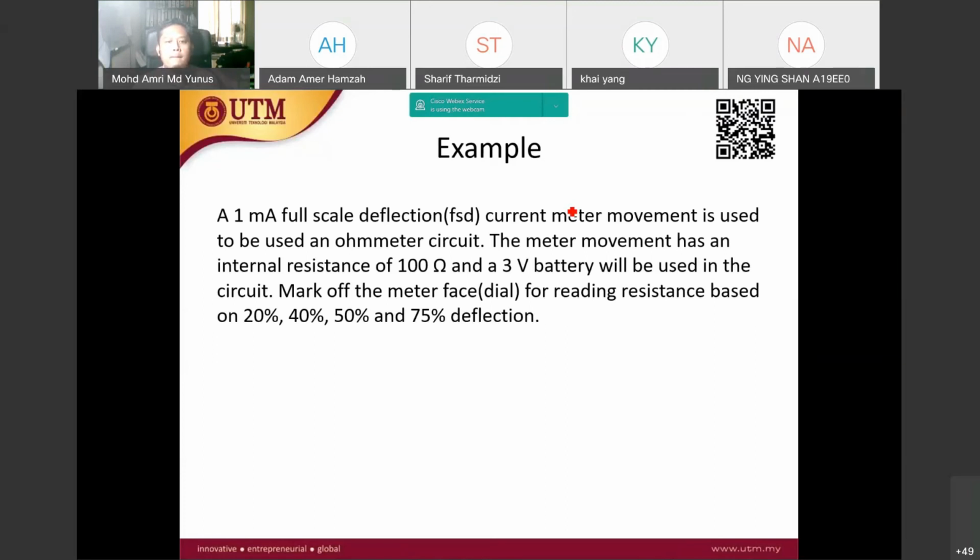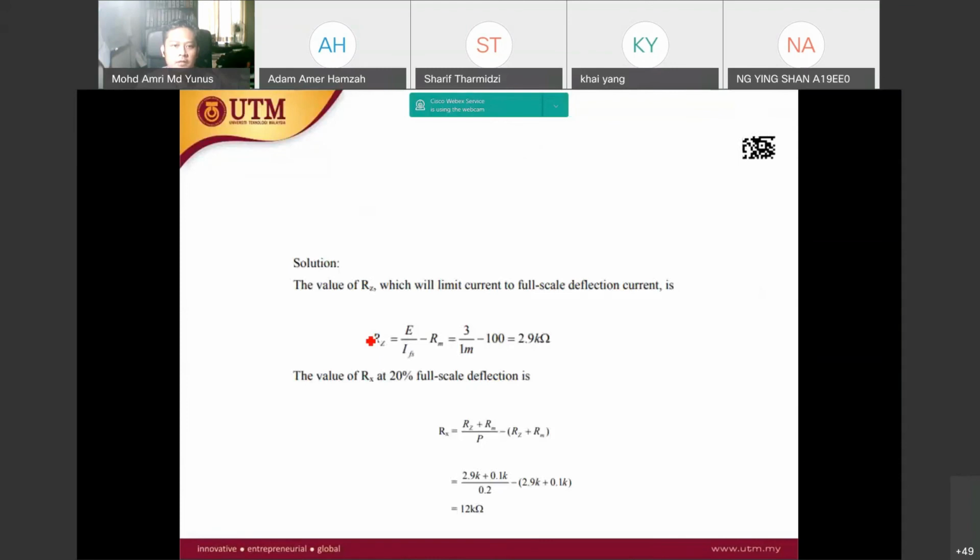Based on the deflections of 20, 40, 50 and 75, the circuit is something like this: 3 volt. This is your ohmmeter or galvanometer.